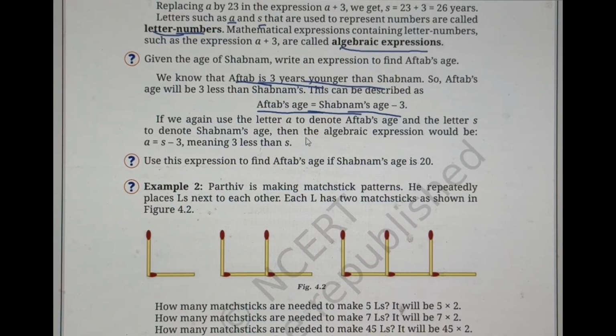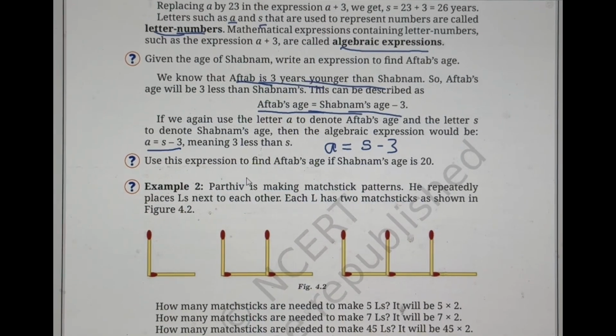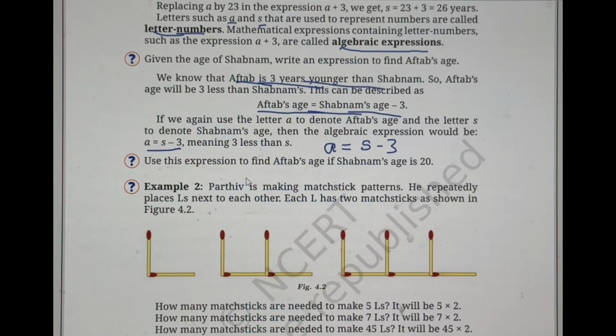In short, A is equal to S minus 3, instead of writing the full spelling. Now using this expression to find Aftab's age if Shabnam's age is 20, A is equal to 20 minus 3, which gives you 17. So Aftab would be 17 years. Okay, this was one example.